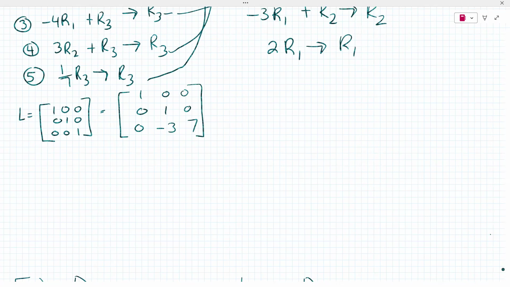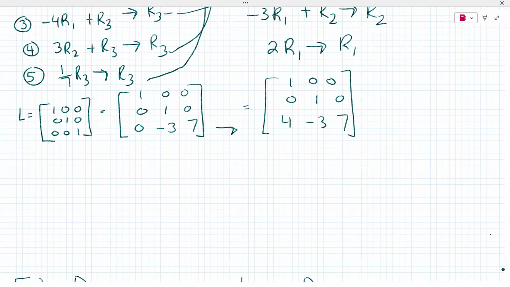And the next one is -3 row 2 plus row 3 gives us new row 3. So you're still going to mess with row 3, and when you do the algebra, that should give you 4 -3 7, 0 1 0, 1 0 0.